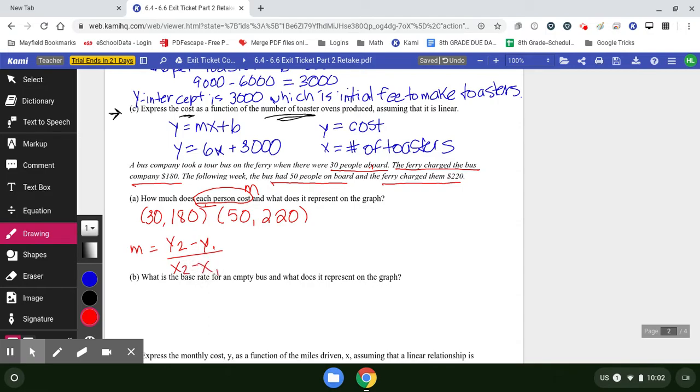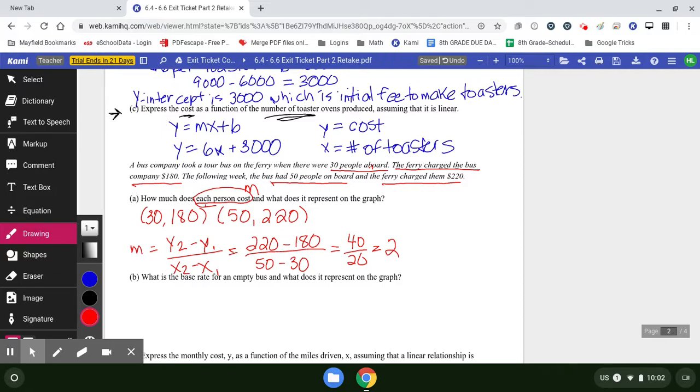I can label them again, or I can just go in order. I'm subtracting 220, my y's, minus 180, over my x's, 50 minus 30. So that ends up being 40 over 20, and 40 over 20 is 2.